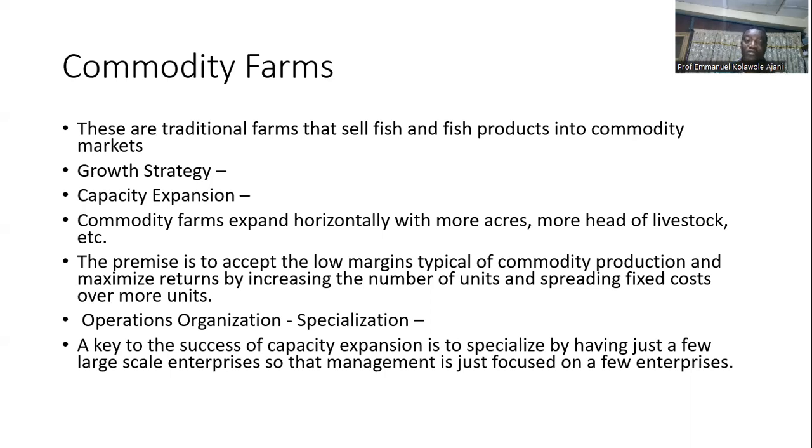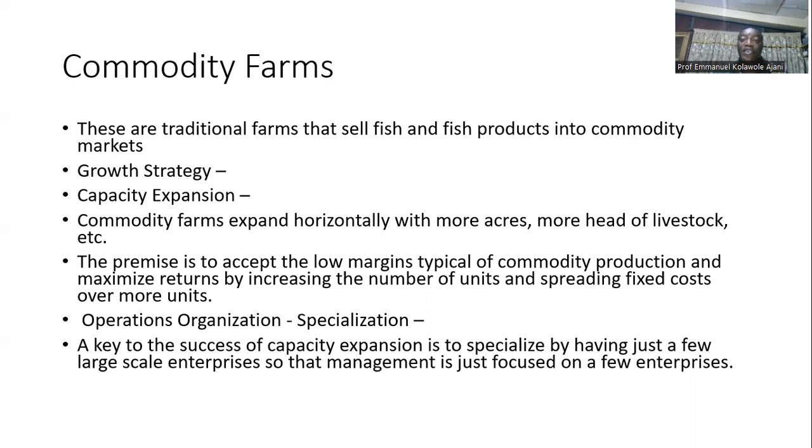And what they did is that they want to supply more into the commodity market. And their growth strategy is capacity expansion. And how do they go about that?